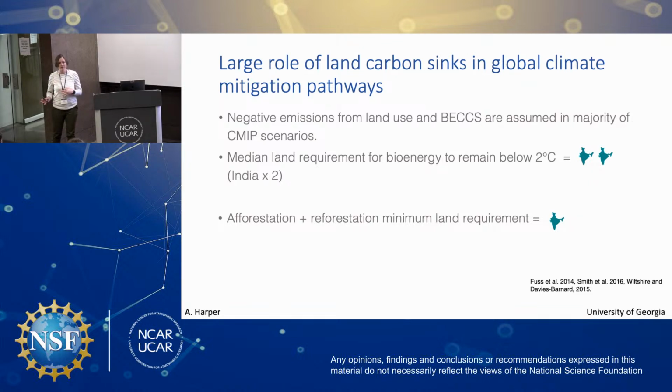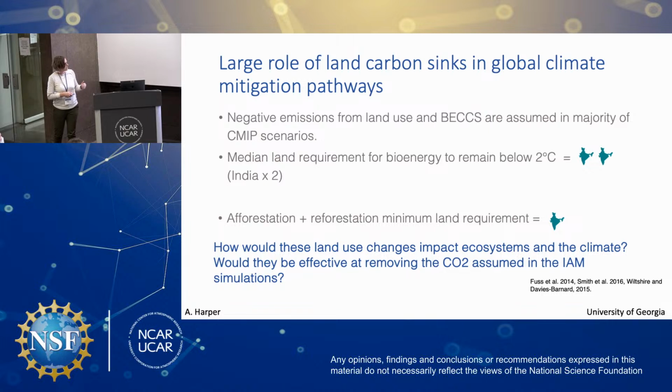So it's a huge amount of land converted to bioenergy crops from whatever it was before. And even afforestation and reforestation, which fall under more natural climate solutions, is equivalent to about 1 times the size of India. So again, a really large conversion of land to forests.